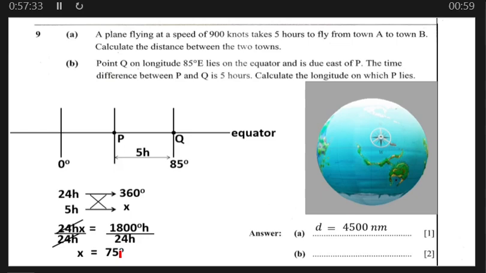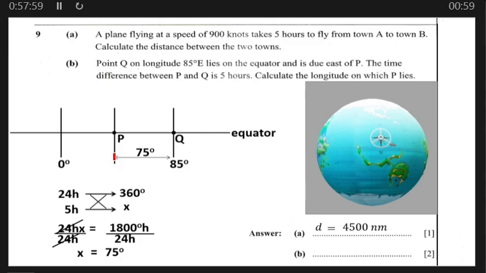So 5 hours is 75 degrees. If you want to move from here to here, or from here back to here, you must move how many?